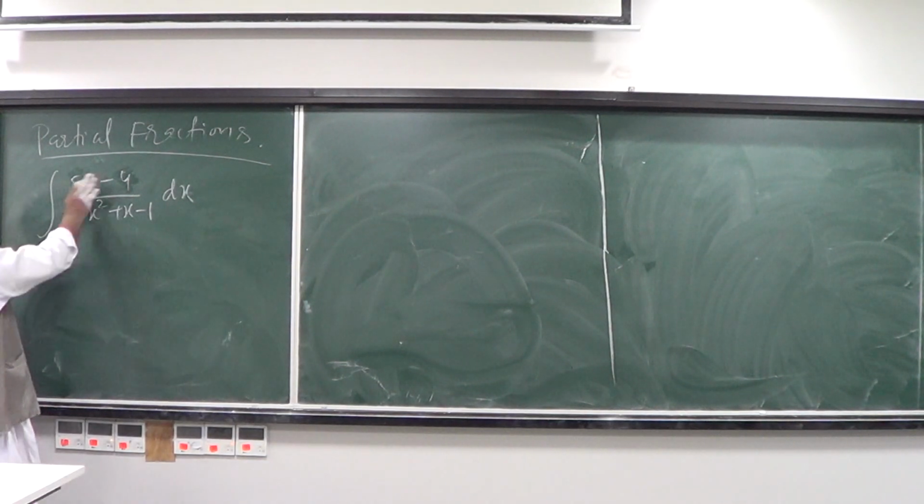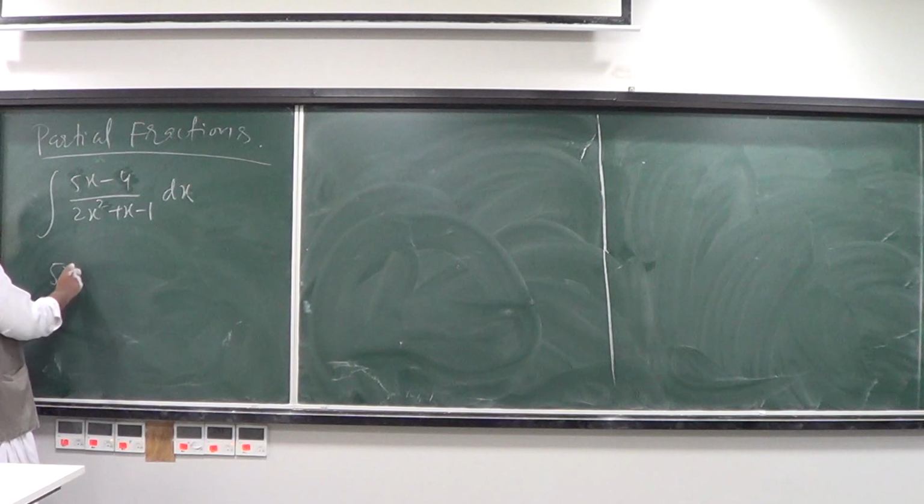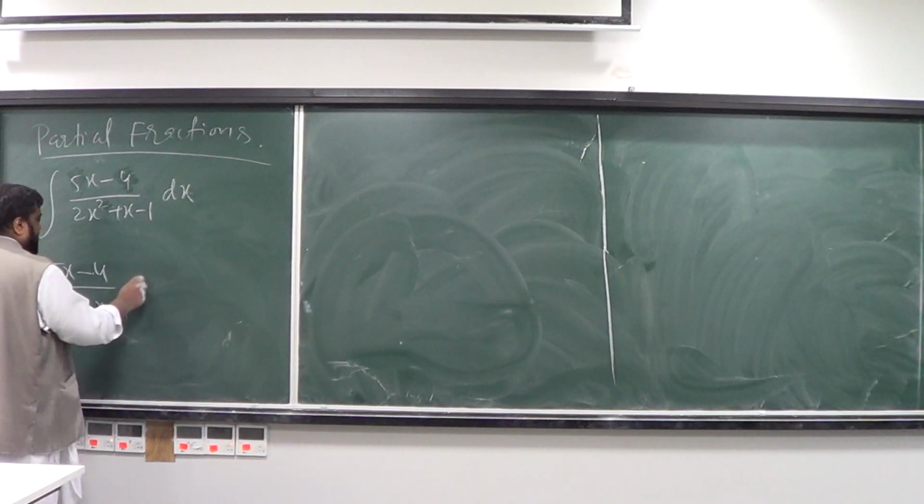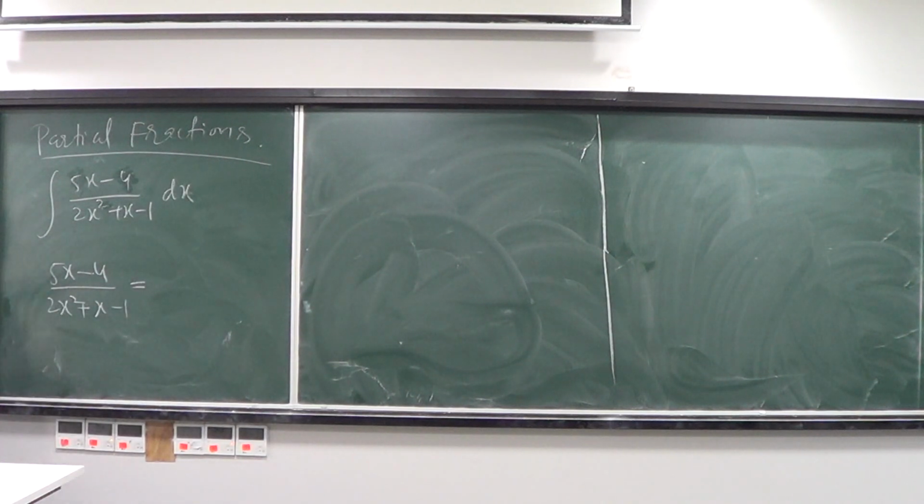The trick is, before solving the integral, let's play with the integrand. The first thing you have to do in order to integrate such an integrand is to simplify this fraction.